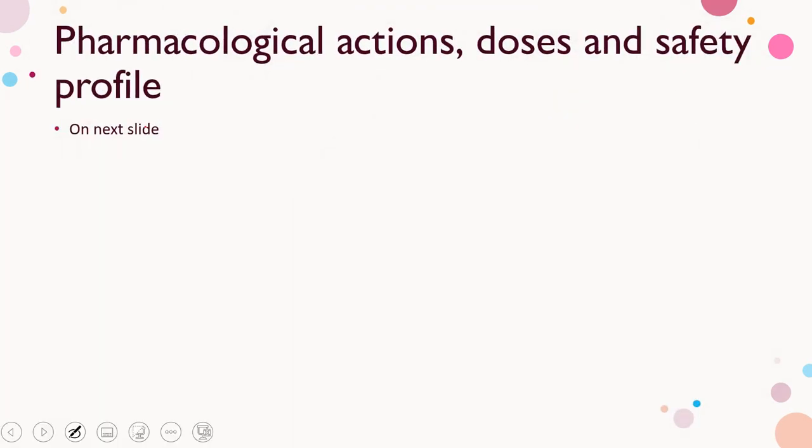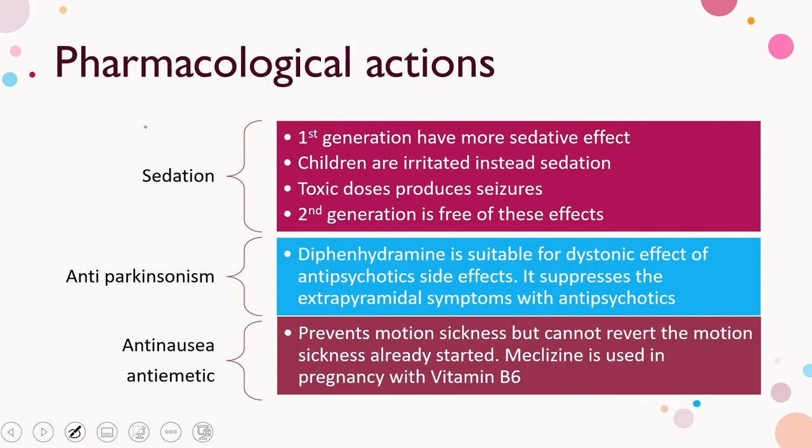The next target is to teach you about the pharmacological actions, doses, and safety profile of these drugs. Regarding the pharmacological actions, the first action is sedation. Remember, there are first generation and second generation drugs. The first generation have more sedative effects, but children are irritated instead of sedated.